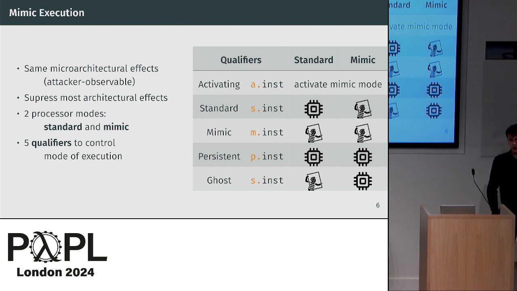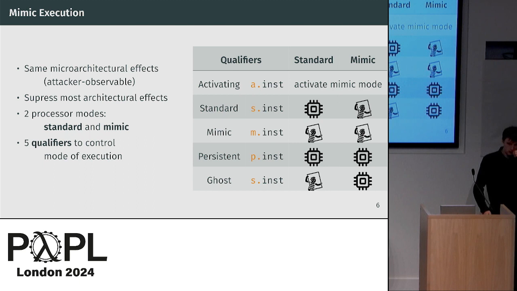And it introduces a new execution mode called mimic execution, in which instructions have the same microarchitectural effects, but some architectural effects are suppressed. For example, a load instruction in mimic mode will load from the given address and touch the same cache lines, but it won't actually store the result in the register.